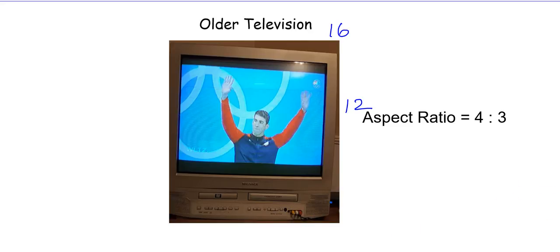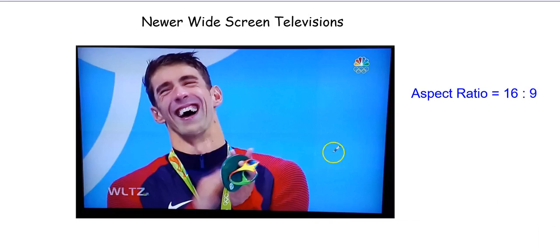Now in the newer version, we have televisions of this form. So here the aspect ratio is 16:9. For example, if the width of the screen is 48 inches, its corresponding height is going to be, 16 times 3 is 48, so the corresponding height will be 9 times 3, that is 27 inches.